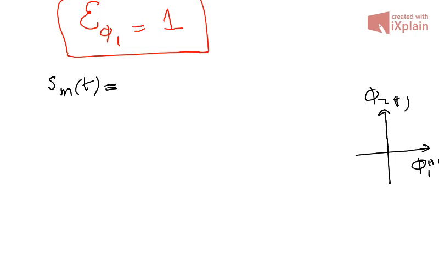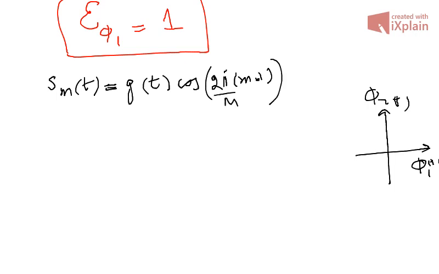We said that our Sm of t is actually g of t cos of 2 pi (m minus 1) over capital M, and cos of 2 pi fct, right?